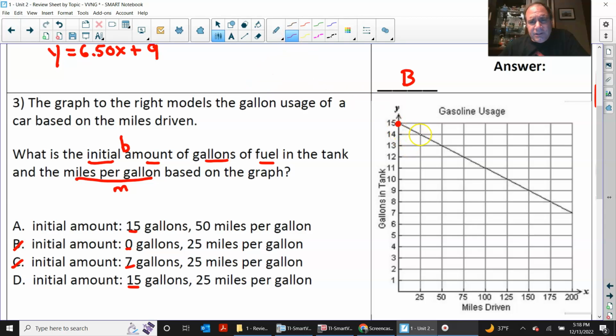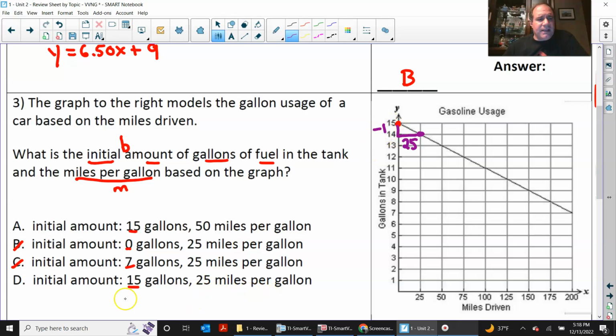So I'm just going to pick 2 points. And you see this point right here? That's a good point as well. It's in the corner of the box. It has integer, whole number coordinates. So this is negative 1 gallons in the tank, and then 25 miles. So 25 miles driven, and you're using a gallon.